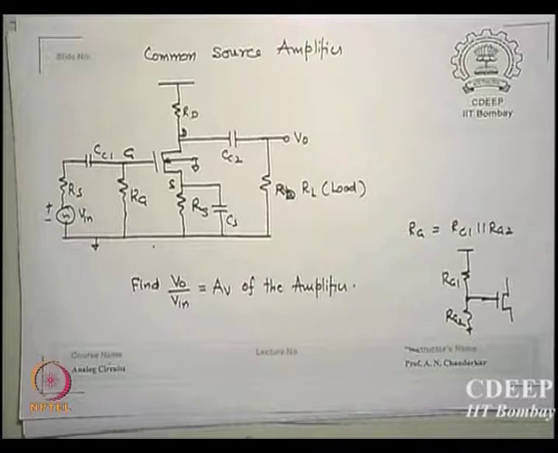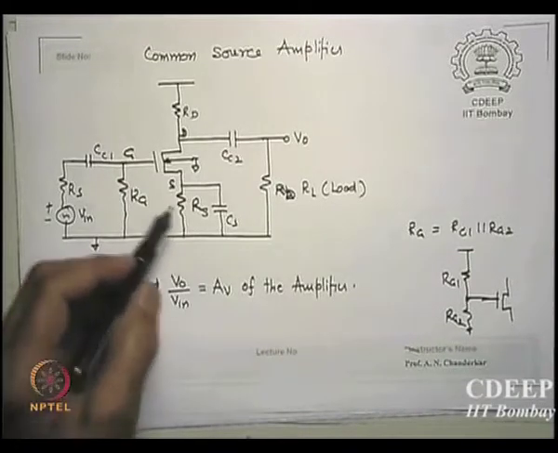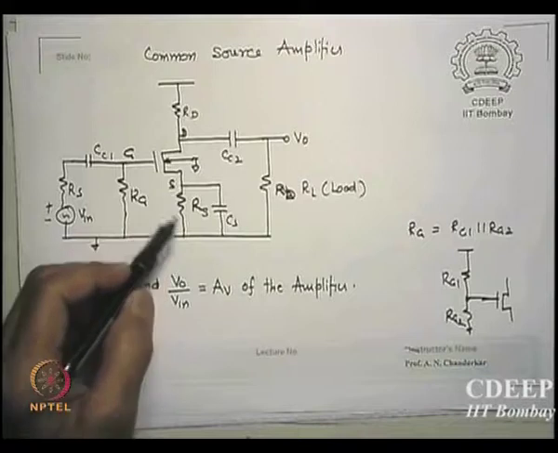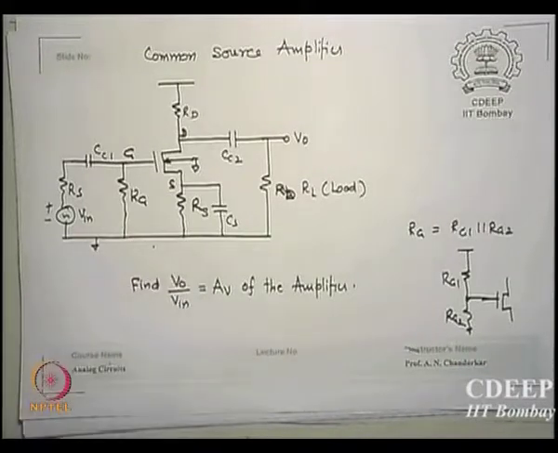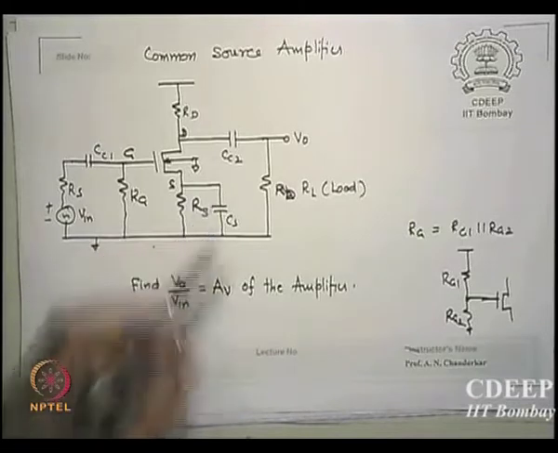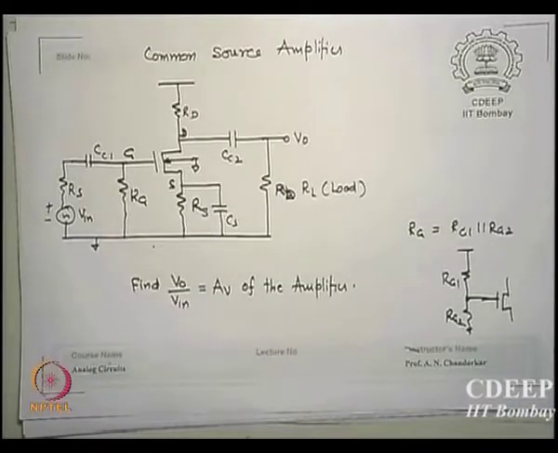Therefore it is given the name common source amplifier. Now the only difference between this and the other one is, this source has a source resistance Rs, which is shunted by a source capacitance Cs.